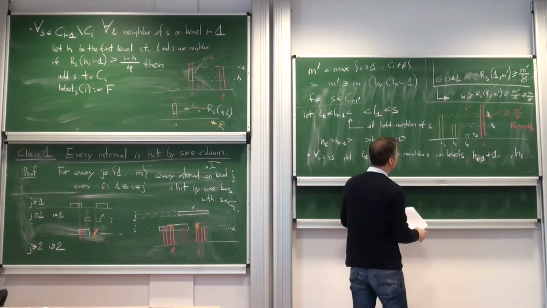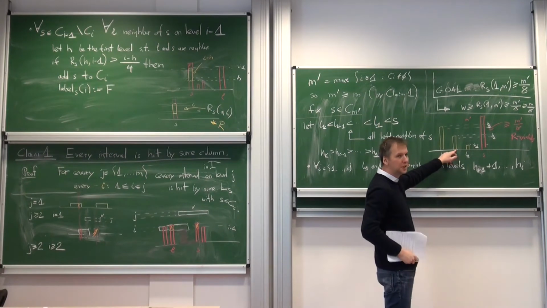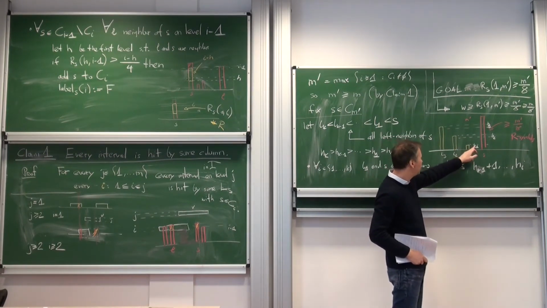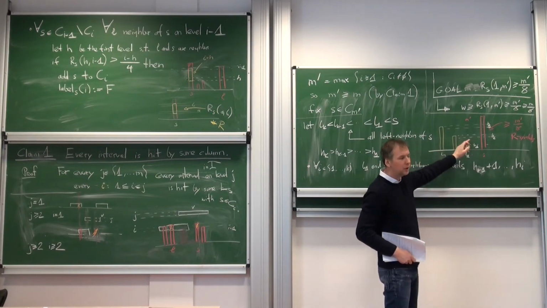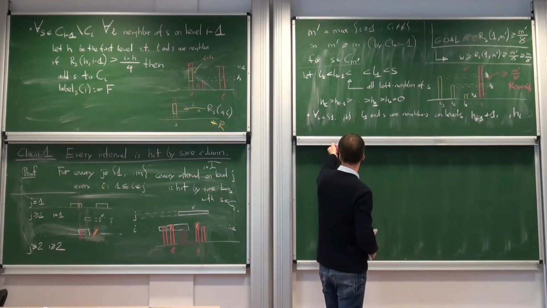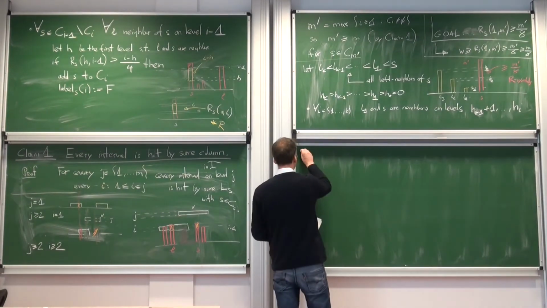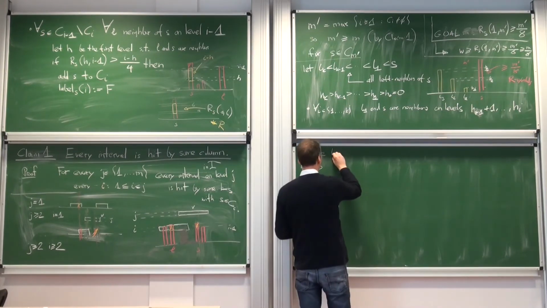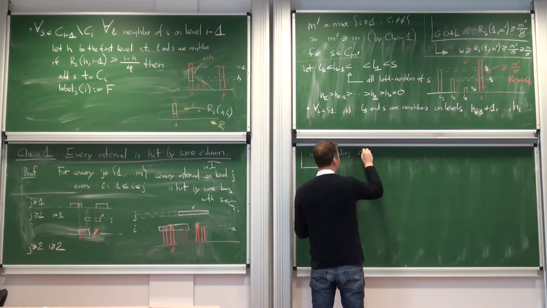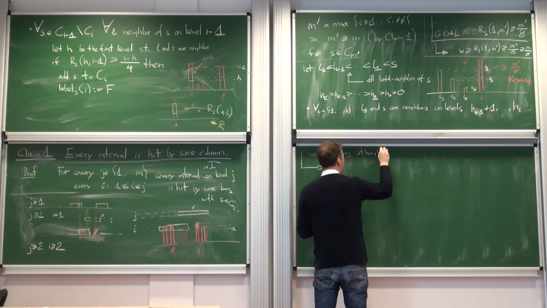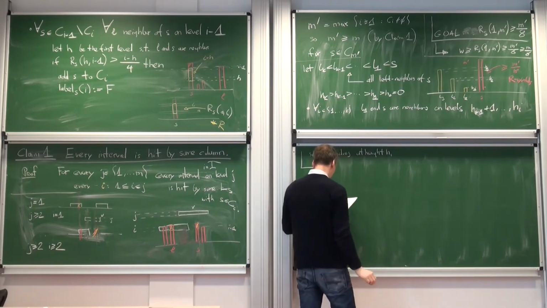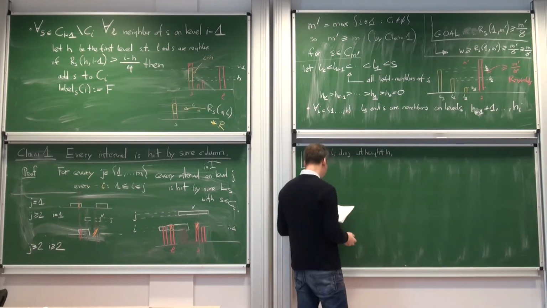So for example, L2 is a neighbor of S from h1 plus 1 up to h2. Then we have the second property, and the second property will come from the fact that Li dies at height hi. And this will tell us something.